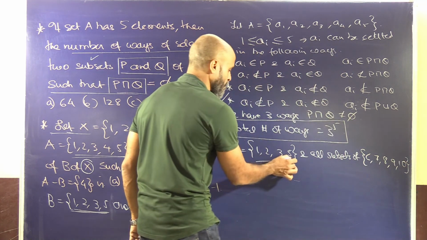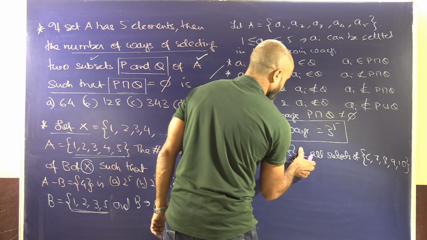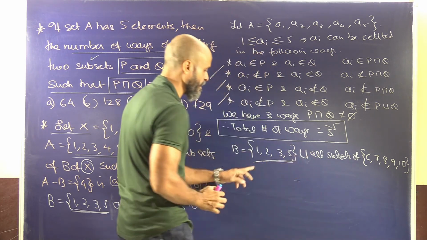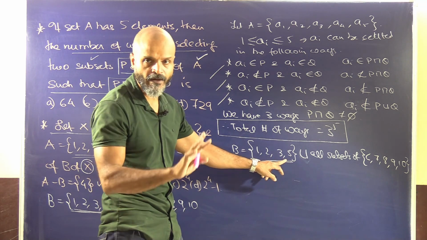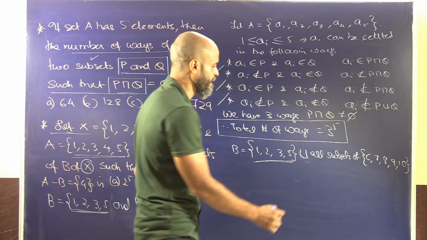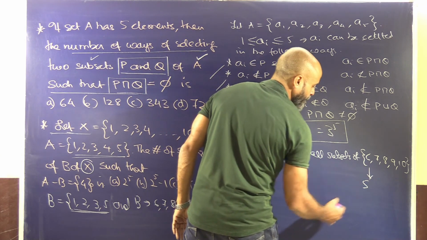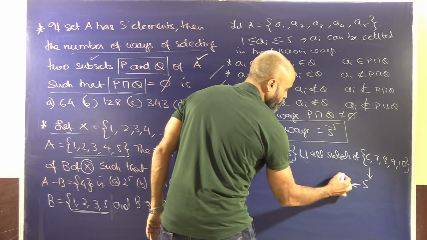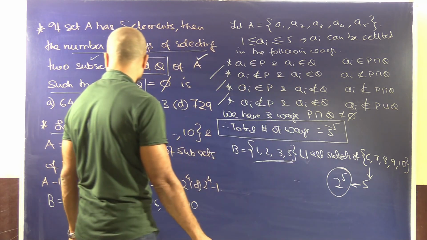So B is the union of two sets: the fixed part 1, 2, 3, 5, and all subsets of 6, 7, 8, 9, 10. How many elements do we have here? 5. How many subsets are possible? 2 to the power of 5. So the answer will be 2 to the power of 5.